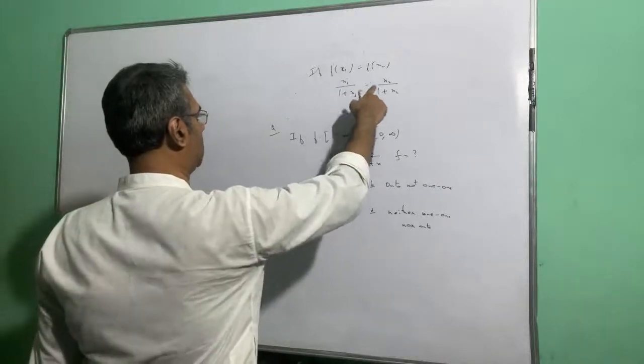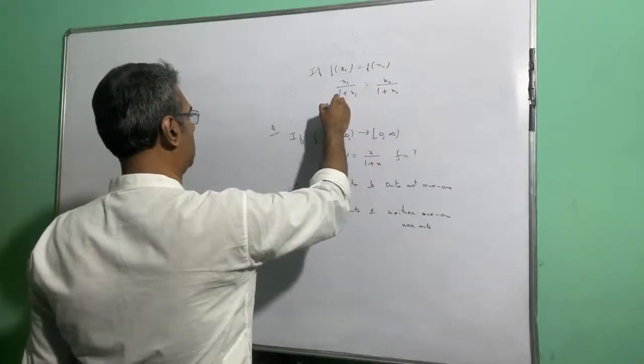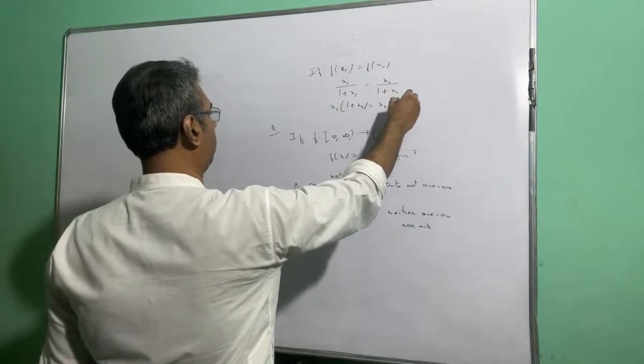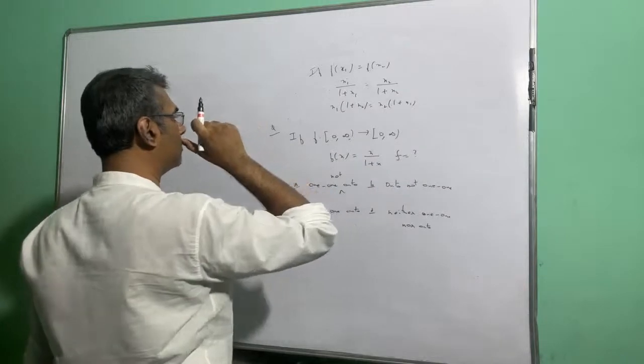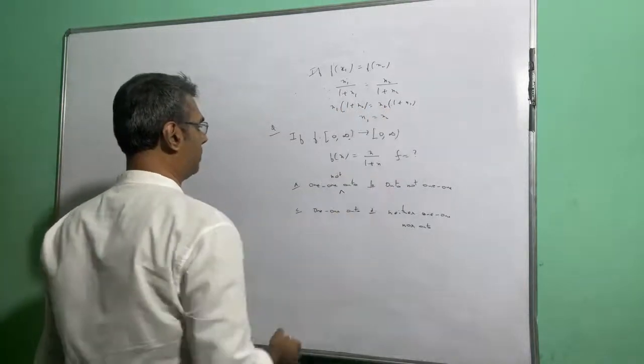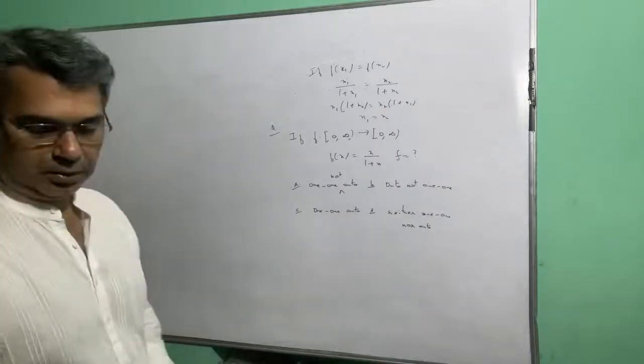So x1 by 1 plus x1 is x2 by 1 plus x2. So then you cross multiply.